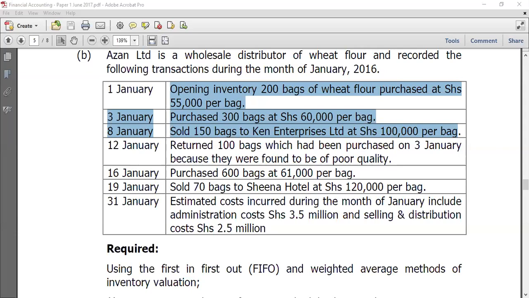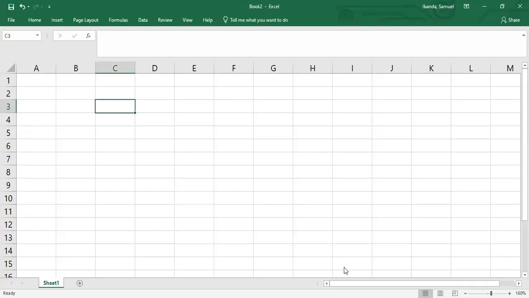I want to do a small schedule that can give us a picture of what we are looking out for. We can have the date, then we can have a received and issued column.